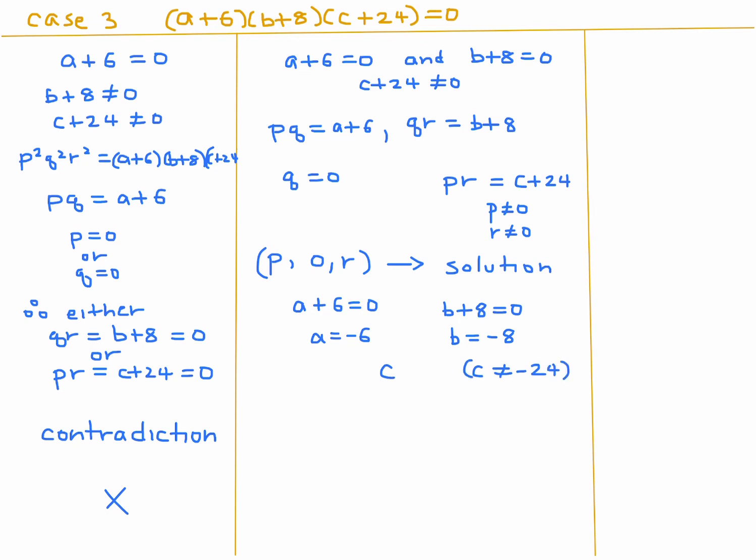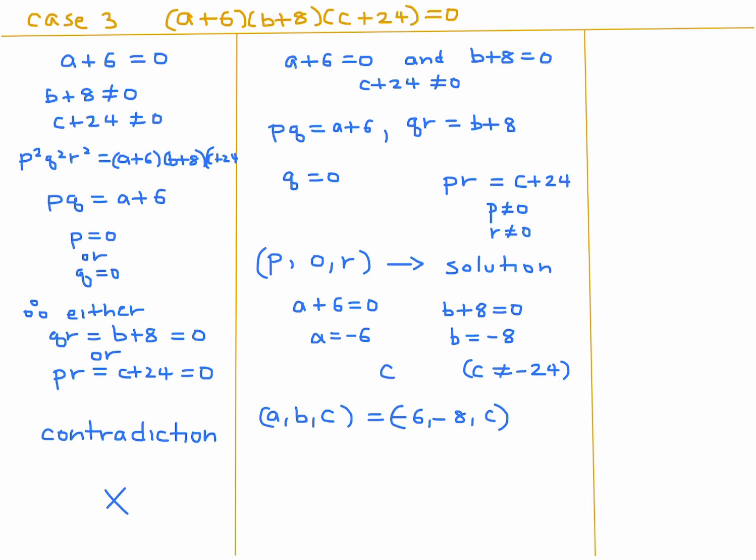So our triple A, B, C is negative 6, negative 8, and C, for any C except C equals negative 24. So since C can be anything, we have an infinite number of solutions for A, B, and C, right?